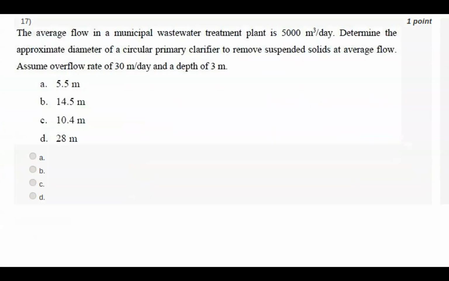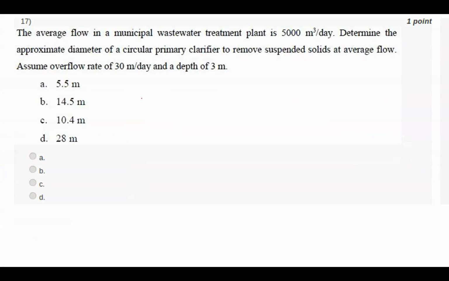Next question: average flow in a municipal wastewater treatment plant is 5,000 meter cube per day. Determine the approximate diameter of a circular primary clarifier to remove suspended solids at average flow. Assume overflow rate of 30 meter per day and a depth of 3 meter.